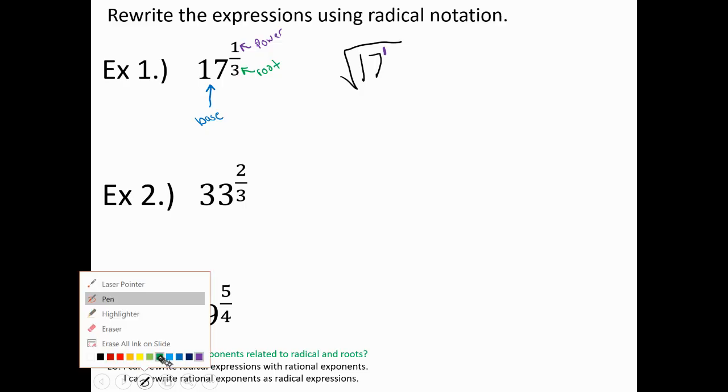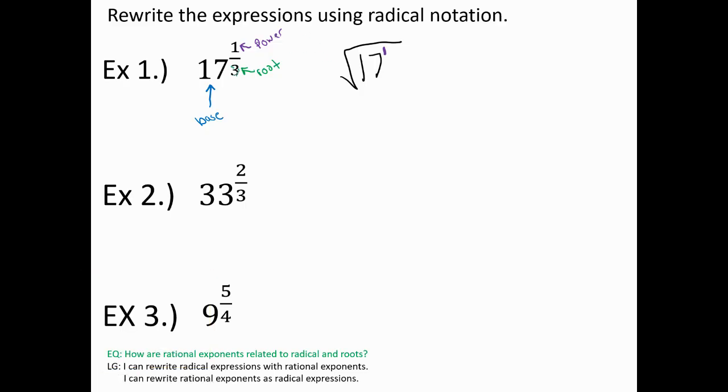Then you write your root, that's the denominator, like a little tiny 3 there. So this is the cube root of 17 to the first power. Or you can write it this way: the 17 still has that little root there, but all of that to the first power. Either way, same answer.